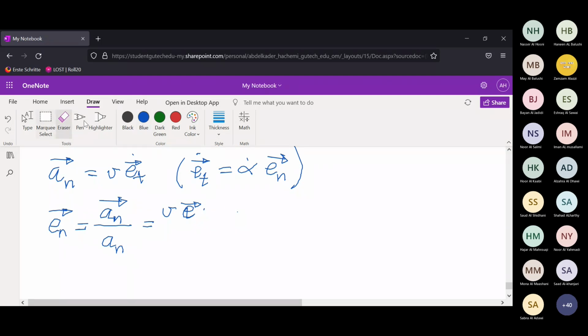Now, we have e dot t divided by v times the magnitude of e dot t, the vector, but its magnitude.